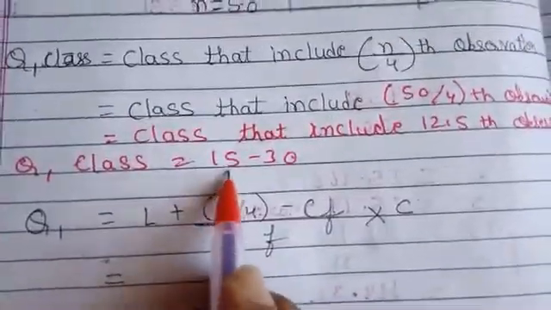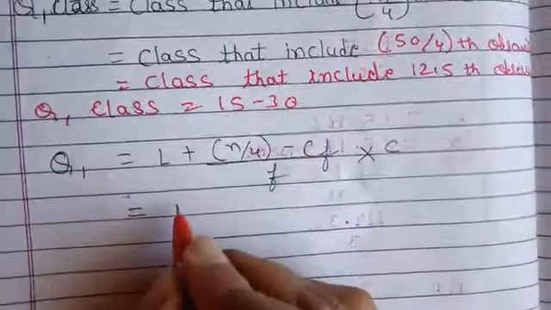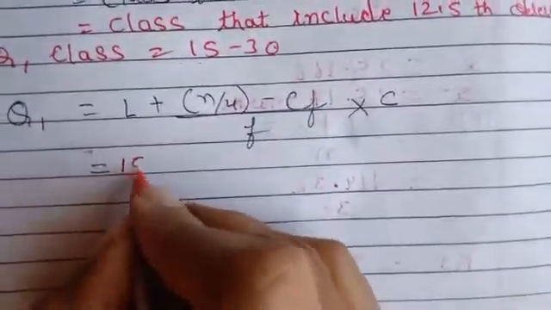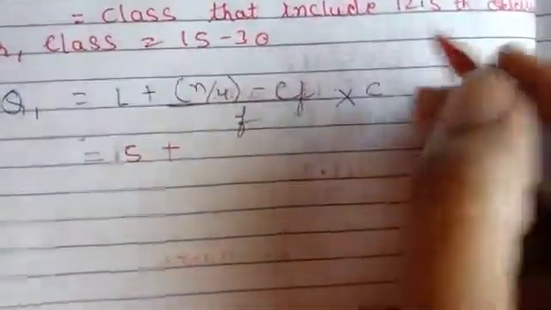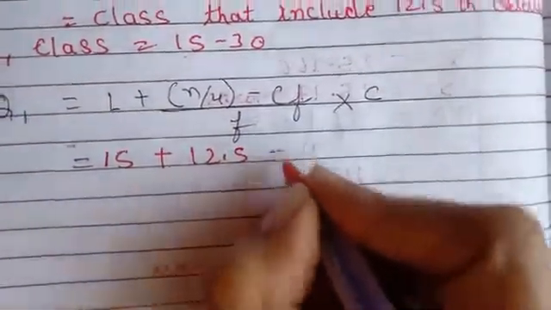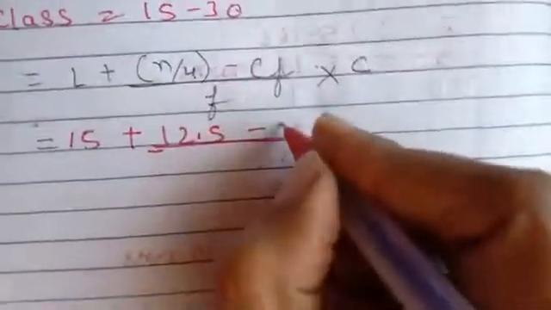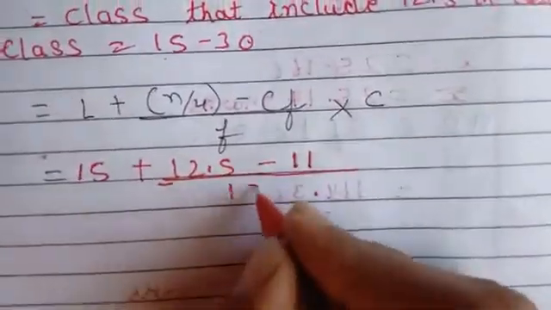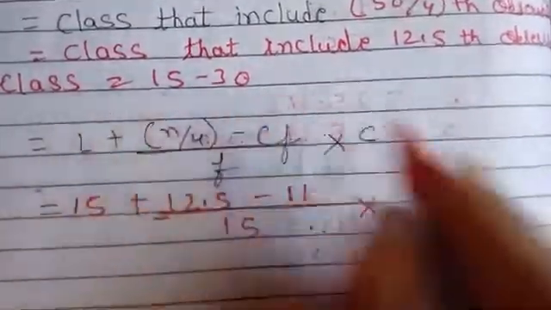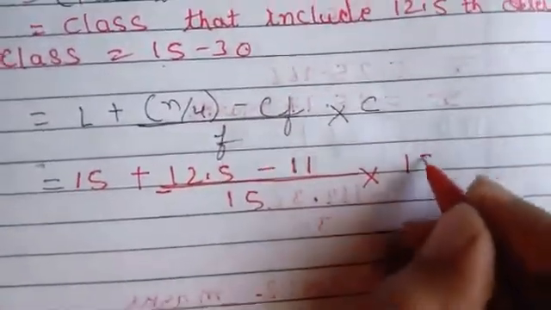So what is our L? That is the lower boundary point. It is 15 plus n by 4 is 12.5 minus CF of the previous class, it is 11 upon 15 into class length 15.